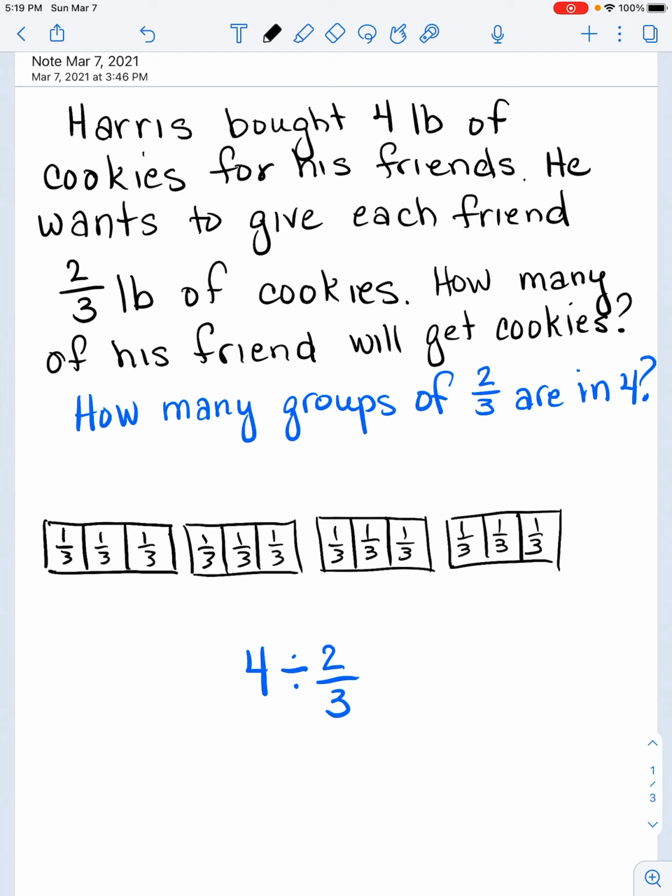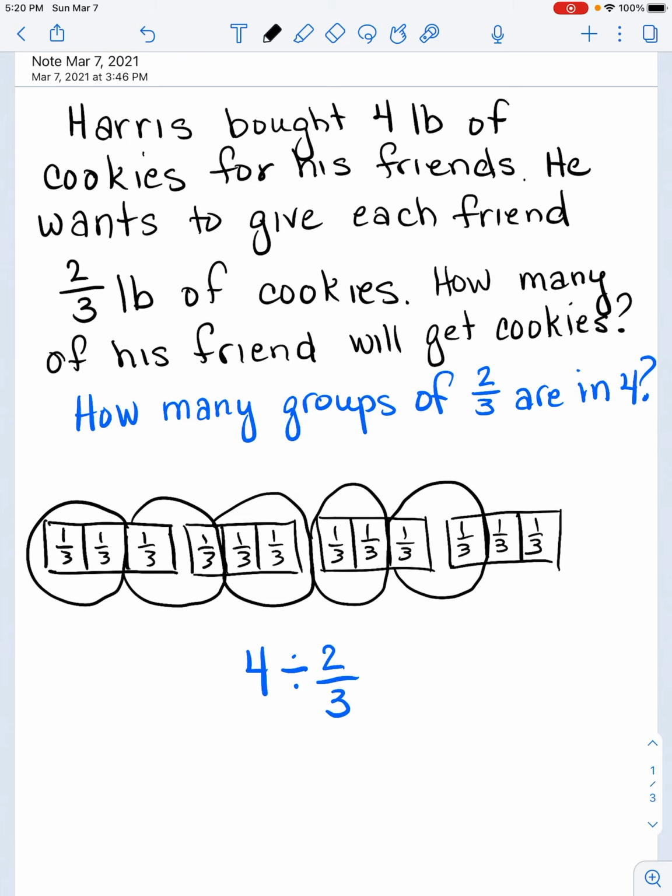So here I go. I have 4, and I want to divide it into groups of 2/3. Well, each piece is 1/3, and so each group is going to have 2/3 or 2 pieces. So I am just going to make groups of 2 pieces or 2/3.